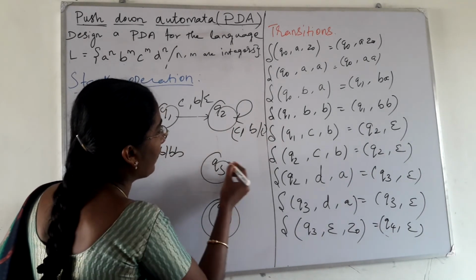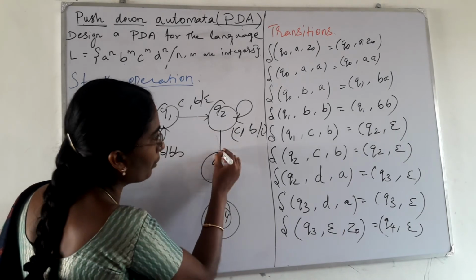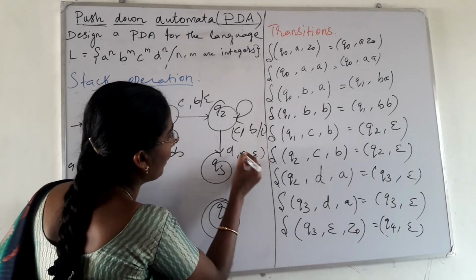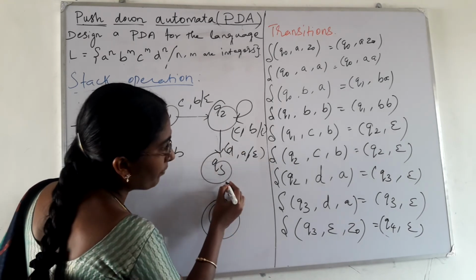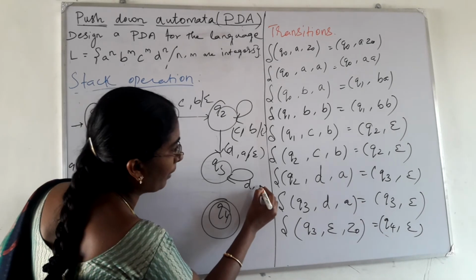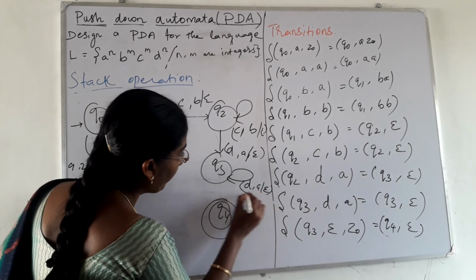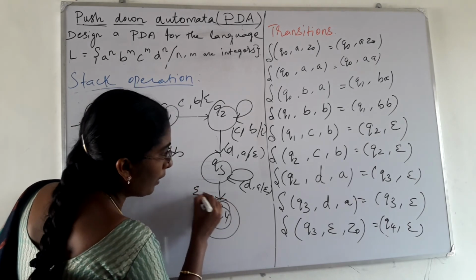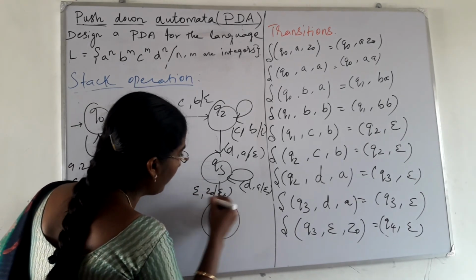From Q2 to Q3, D comma A by epsilon. From Q3 to Q3, self transition D comma A by epsilon. From Q3 to Q4, epsilon comma Z0 by epsilon.